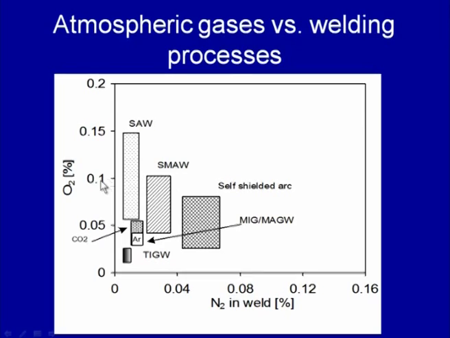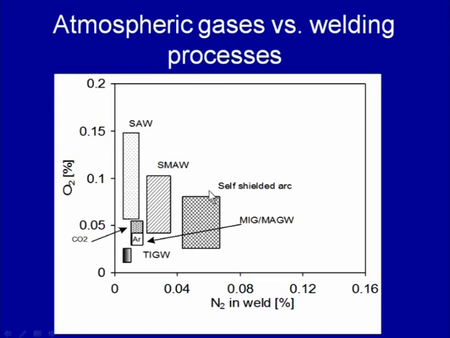So, these have moderate levels of nitrogen and oxygen, and this higher percentage of nitrogen as well as oxygen in the weld joint than the metal inert gas or metal active gas welding process and tungsten inert gas welding process is attributed to the comparatively poor shielding of the weld pool provided by the thermal decomposition of the fluxes around the arc, and this poor shielding results in the easy entry of atmospheric gases into the weld pool, which in turn increases the concentration of oxygen and nitrogen in the weld region.